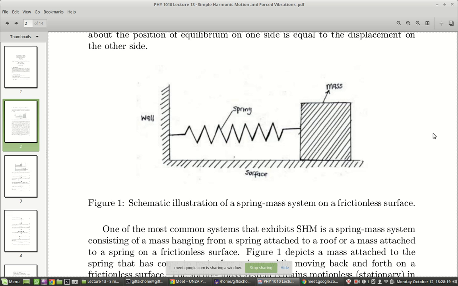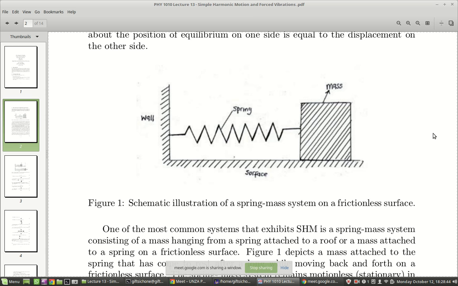It gets pulled by the spring. Okay? The reason why the spring is able to pull the mass is because there is a force which has been set up inside the spring due to your action of extending the spring. The force which has been set up inside the spring depends on how much the extension is.